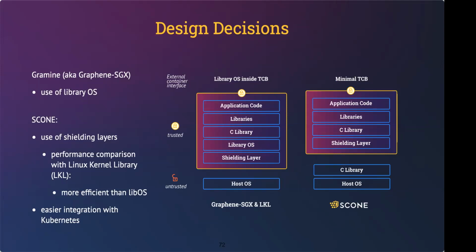And so therefore, we looked at two alternatives. We actually implemented, with multiple other research groups, two alternatives. One where we used the Linux kernel inside of the enclave, and the other where we only used the C library inside of the enclave.